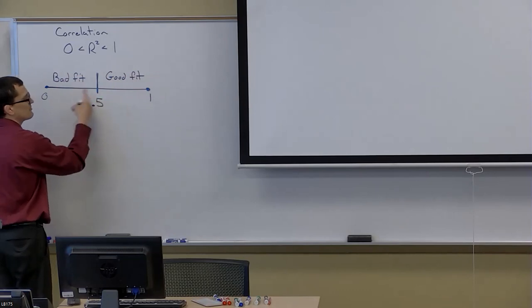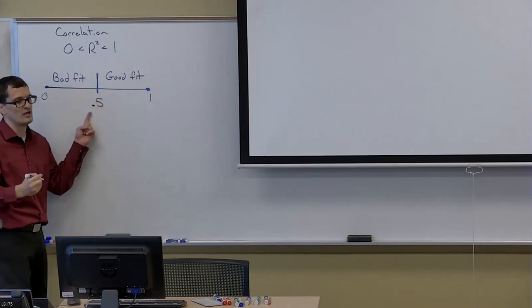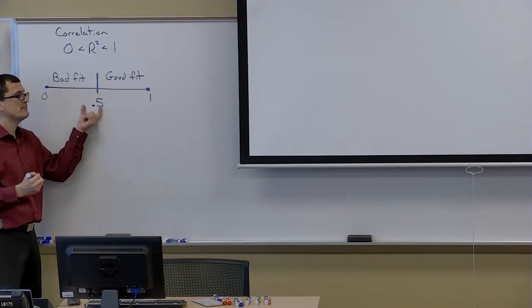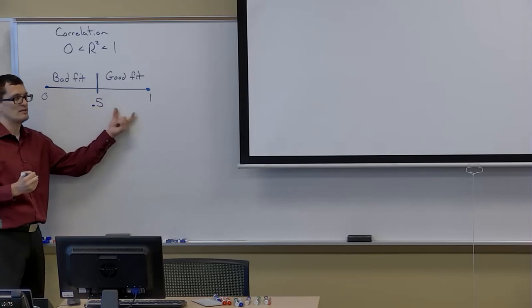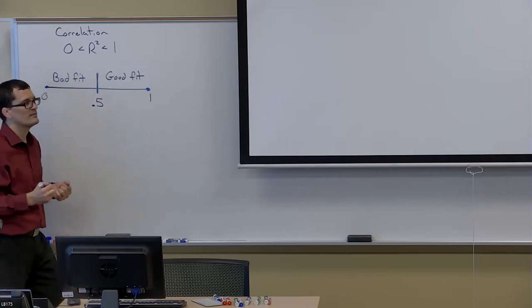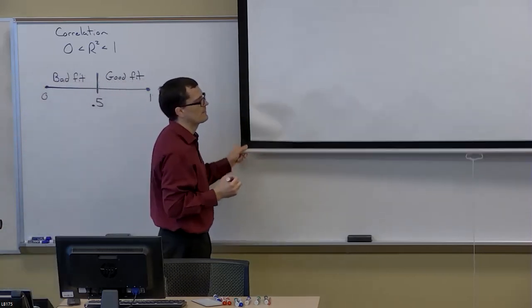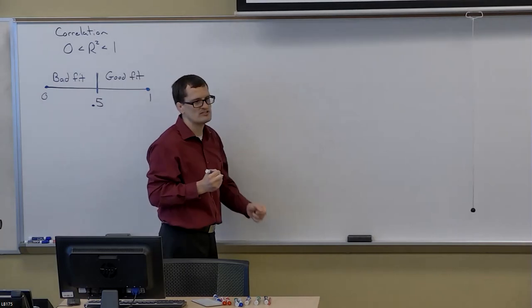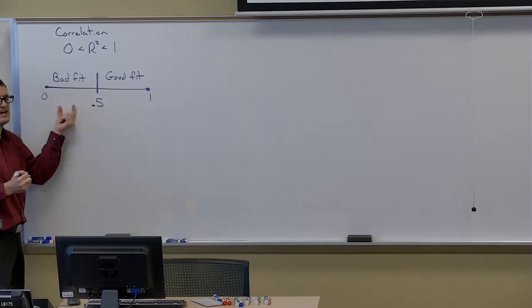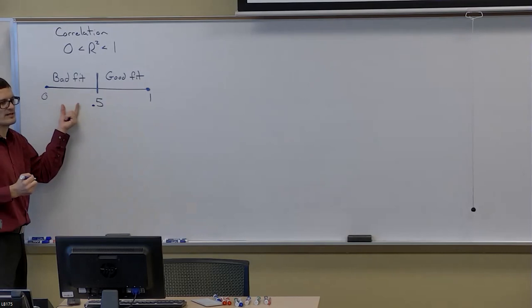But once again, this is for this class. This class, we're going to draw it at 0.5. If you go into other classes, they may move this down or up, depending on the context. A lot of times, social science experiments deal with really, really large sample sizes, and they'll move this down closer to 0. So they might get an R squared that's like 0.3 and still say it's a good fit. All right?